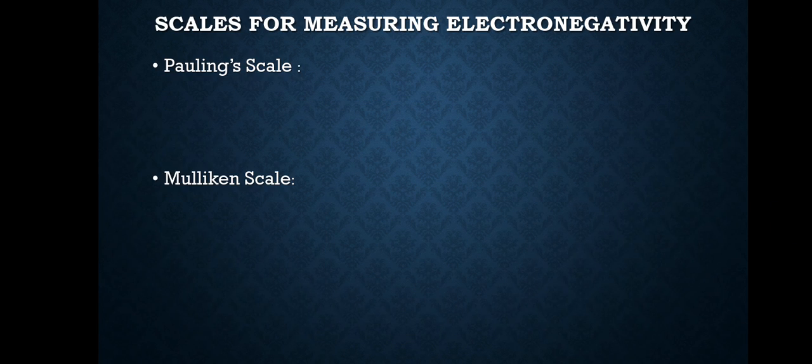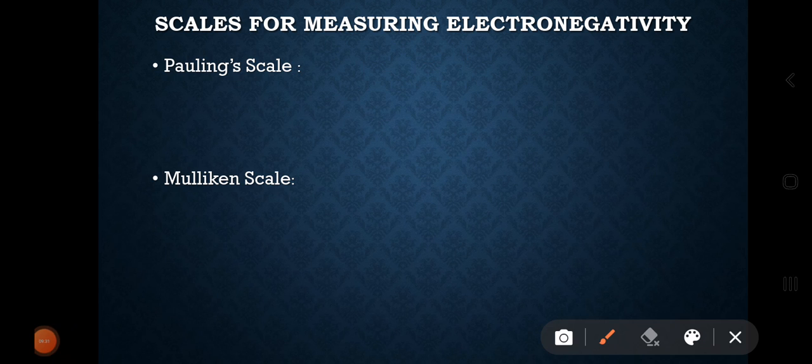Now we are looking into the scales for measuring electronegativity. There are 2 scales from which we can measure electronegativity. One is the Pauling scale, another one is the Mulliken scale.